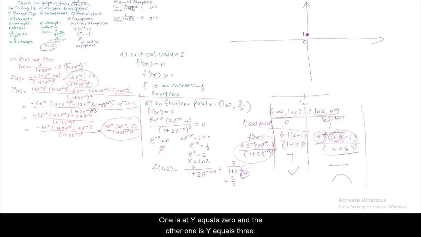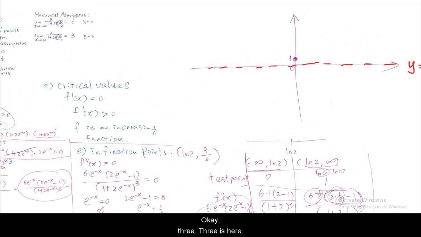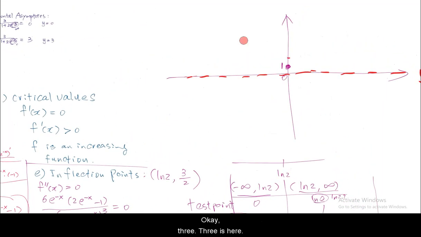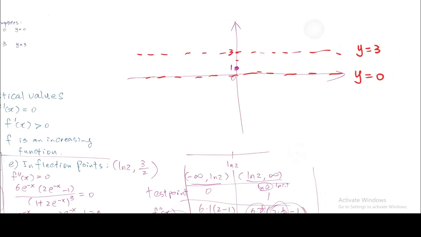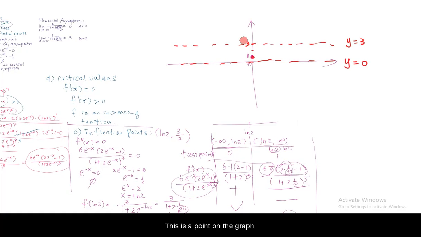One is at y equals 0. And the other one is y equals 3. Okay. So that's 3. 3 is here. 1 is here. Okay. y equals 3. All right. What else do we have? This is a point on the graph.